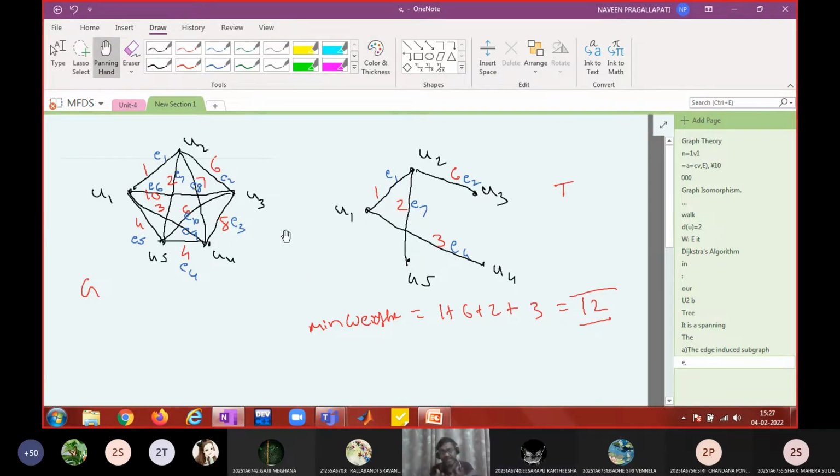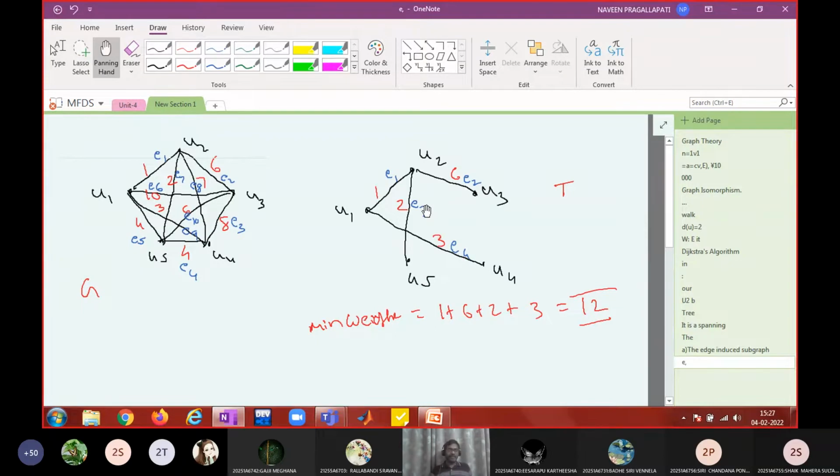You are growing a tree, right? Yes, sir. When you are growing the tree, the tree cannot grow further after reaching n minus 1 edges. Now at this stage, whatever edge you add forms a cycle.